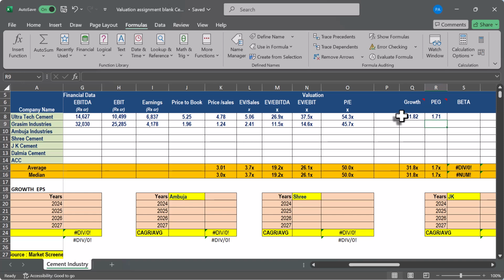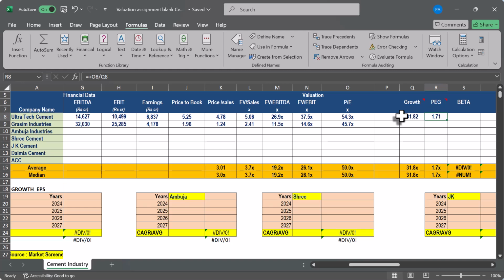So here, after applying the PEG ratio and considering the future growth, the company's P/E ratio is 54.3, which is higher than the industry. But when we factor in the growth the company is going to earn in the next year or next 3 years, we find the PEG ratio is 1.71, which is still higher than 1, signaling that the company is trading at a higher valuation even when we look at its growth prospects in the next 1 year.